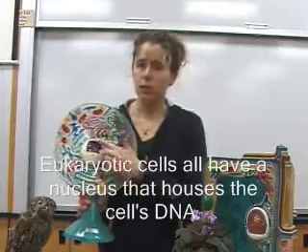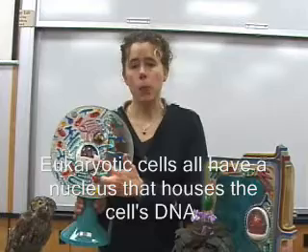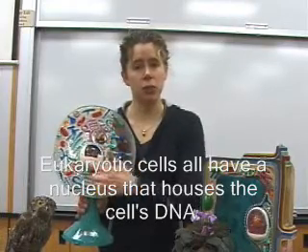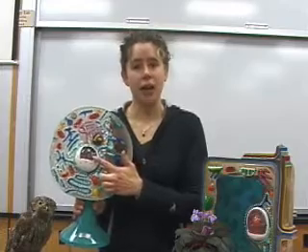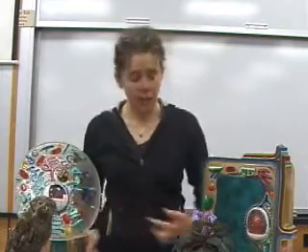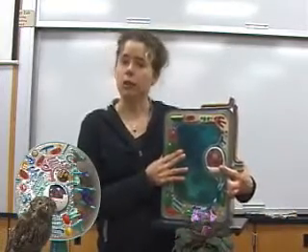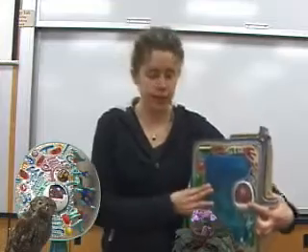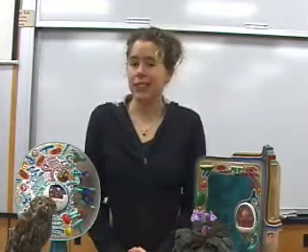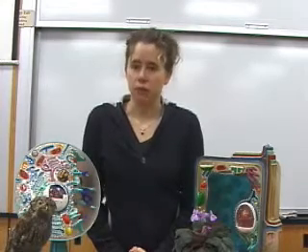This conspicuous structure in the middle is the nucleus. It's a membrane-bound compartment, so it's got a phospholipid bilayer surrounding and protecting it that houses and stores the DNA. I can find a very, very similar structure in any plant cell as well, a nucleus that houses and protects the DNA.